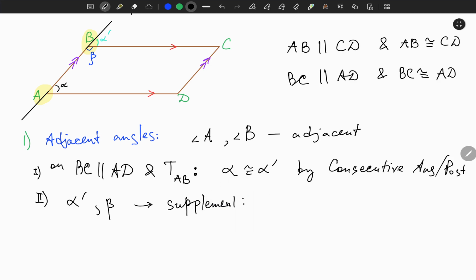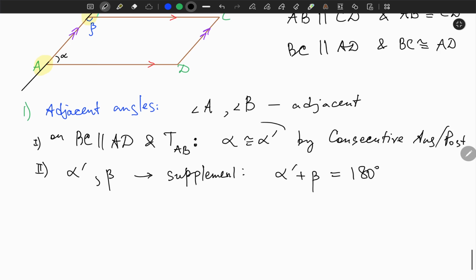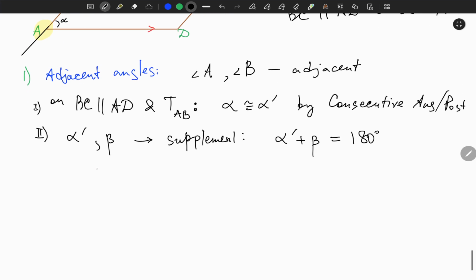Alpha prime plus beta is 180 degrees. And by substitution, since consecutive angles are congruent, alpha plus beta is 180.